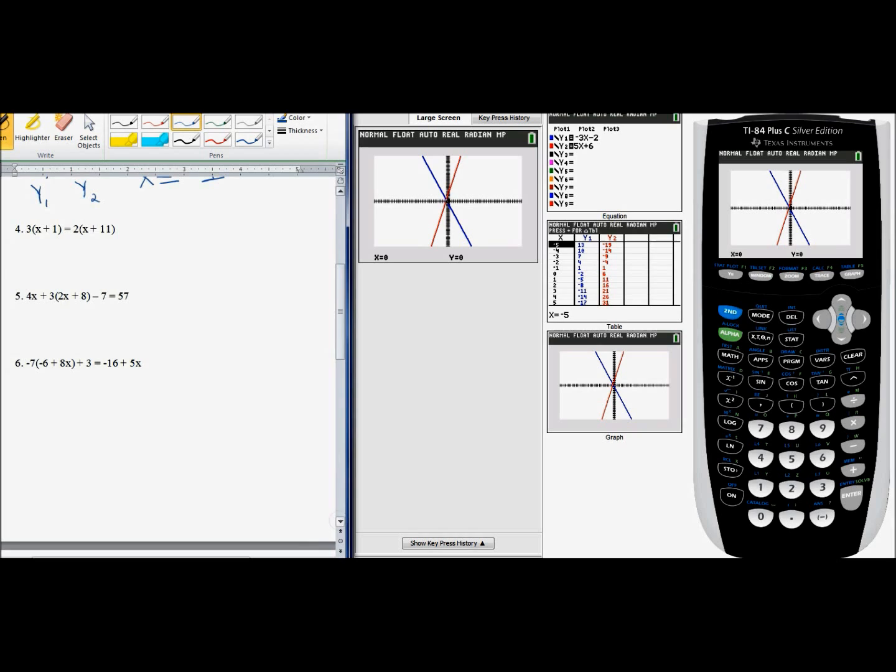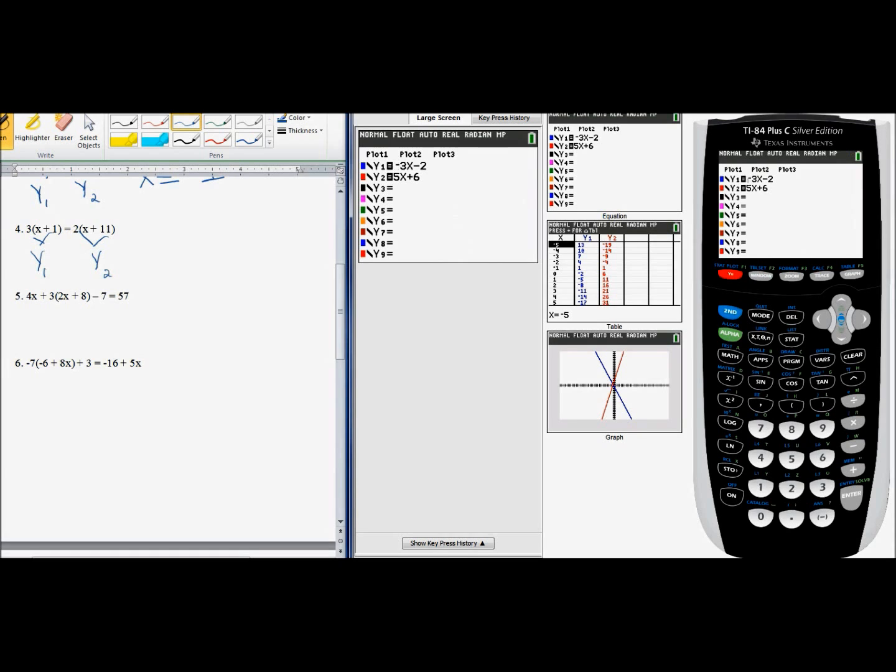Okay. The next one that you have is 3 times x plus 1 equals 2 times x plus 11. Left side goes in y1. The right side goes in y2. Go over to my calculator and I enter my data.